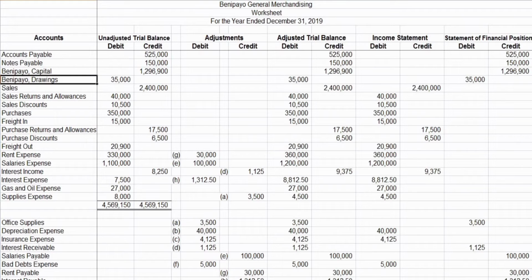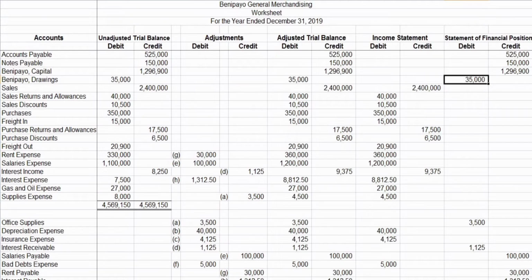But since we do not have columns for the statement of changes in owner's equity here in the worksheet, this 35,000 pesos debit balance under the adjusted trial balance must be forwarded to the debit column under the statement of financial position. Because strictly speaking, the account name drawings is part of equity, being the opposite of making an investment into the business. And equity is found in the statement of financial position.